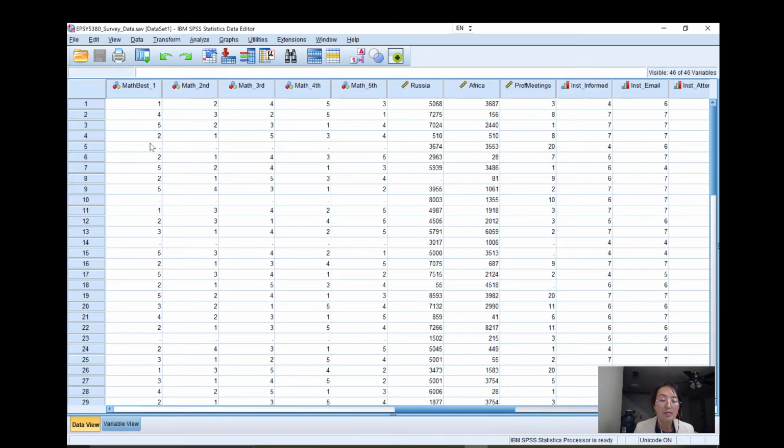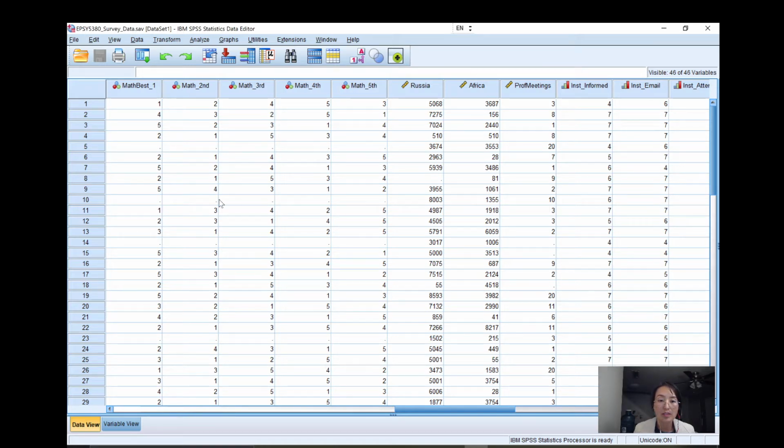We have quite a few. In SPSS, the default is labeled by 1 dot there. If you can see, these are missing for these variables.